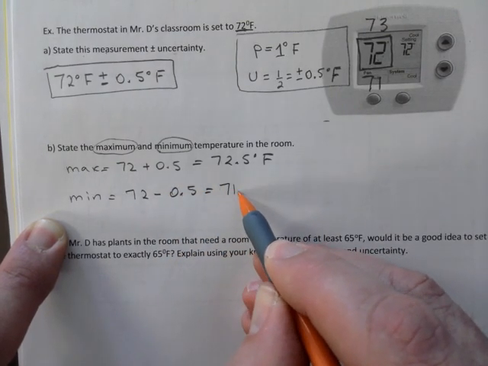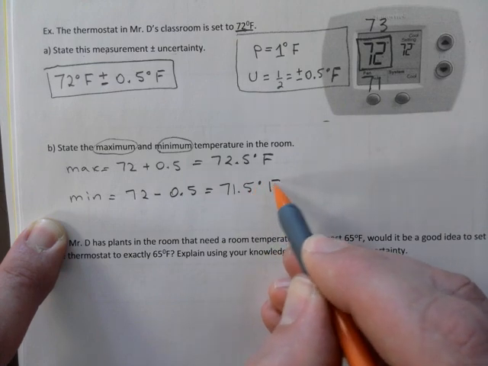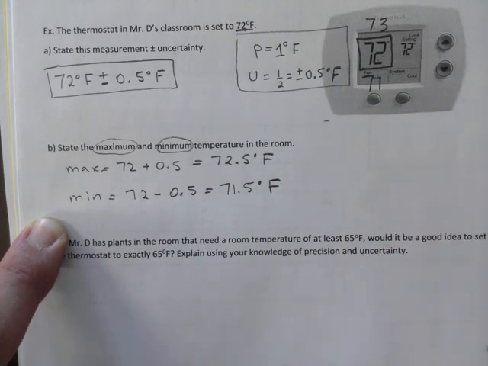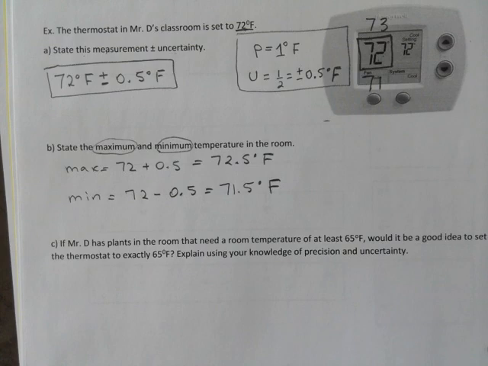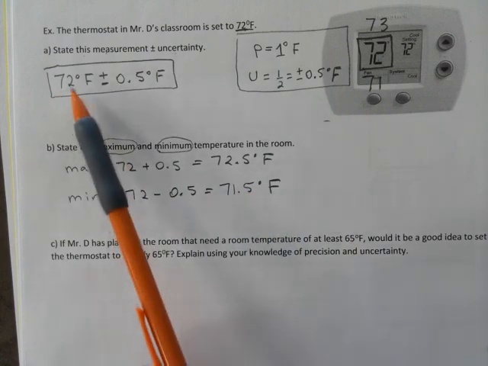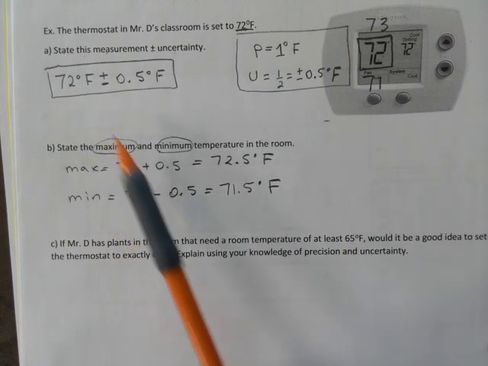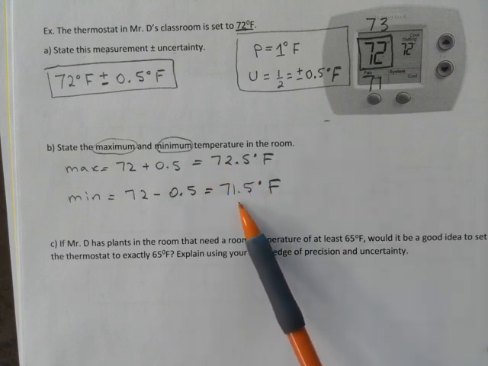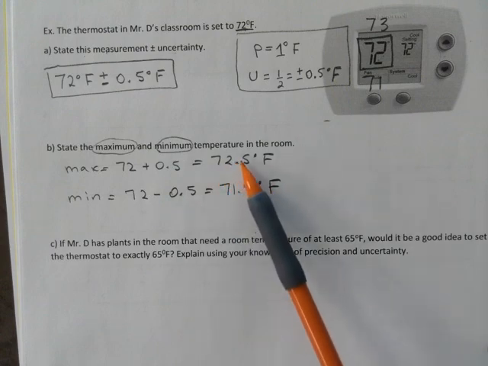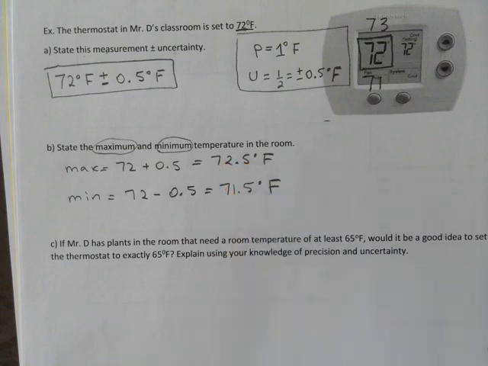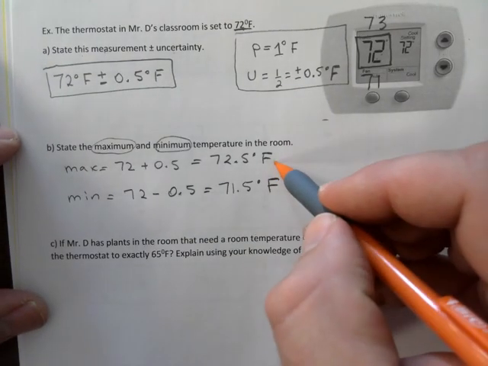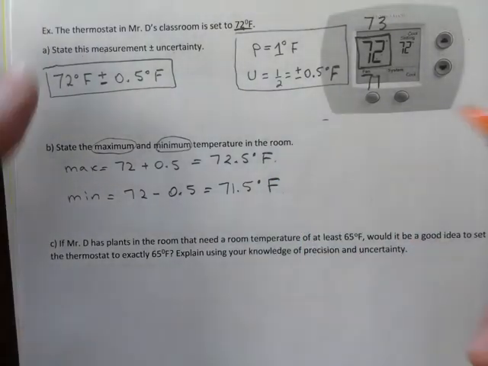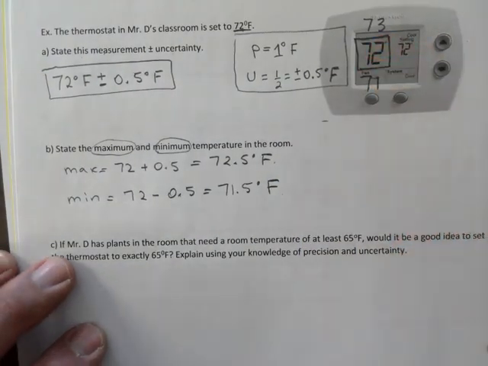So that's 71.5 degrees Fahrenheit. So you're saying, hey, I set the temperature to 72, but in actuality, in this room, it could be 71.5 or it could be 72.5. It could be anywhere in between. So keep that in mind. Okay. So the highest possible, lowest possible temperature based on this reading right here.